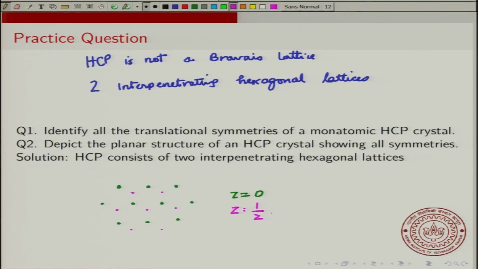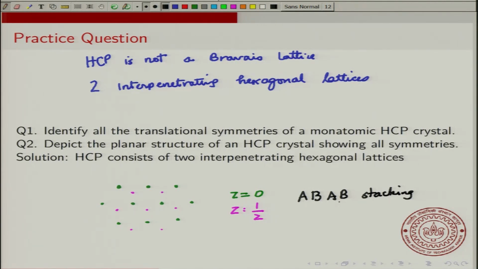It keeps alternating this way, and it forms an AB type stacking. Later on we will learn about stacking of crystals, and this corresponds to AB stacking. That means the z equal to 0 layer is followed by the z equal to half layer, and then the third layer is on top of z equal to 0. So the atoms are stacked in layers of this form AB.